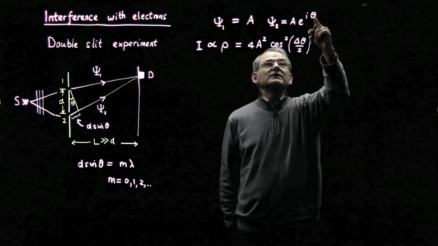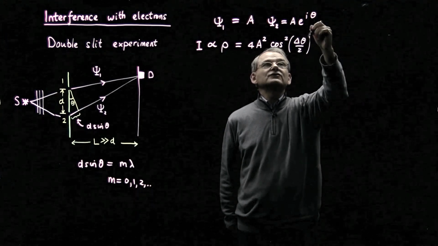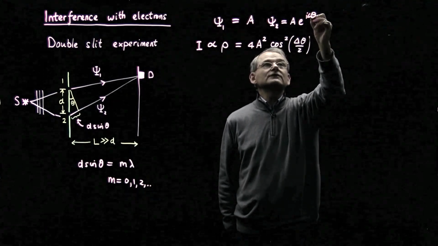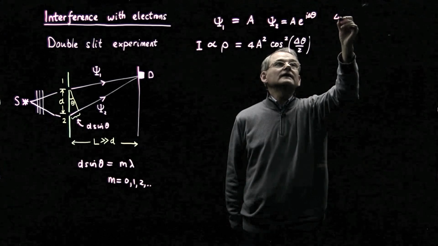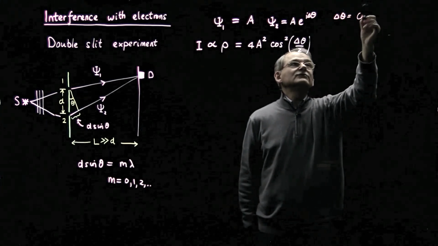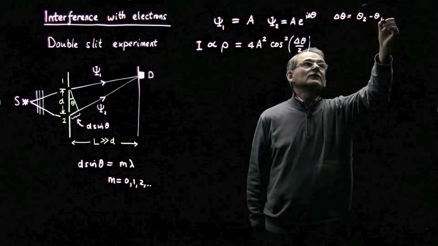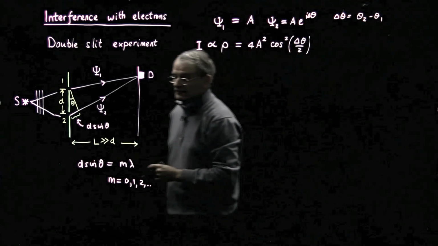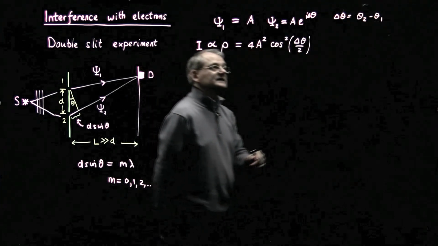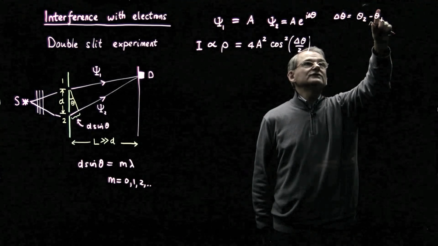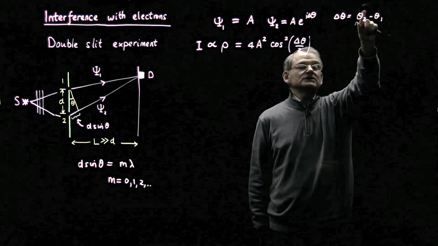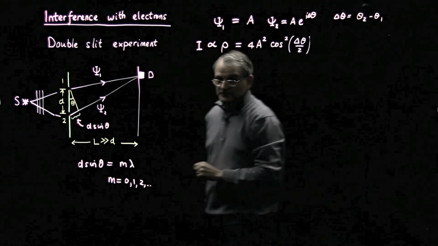In fact, what we did is measure the phase difference between the two, which I've called delta theta. Delta theta is the phase difference between the electron wave functions 1 and 2. I set the first one equal to 0 as a reference, so the phase difference is really just the phase of the second wave function.